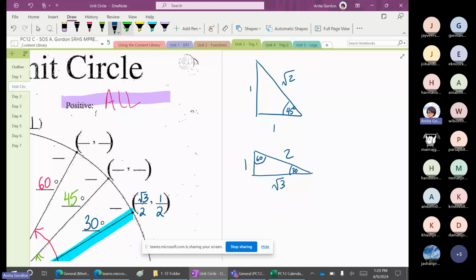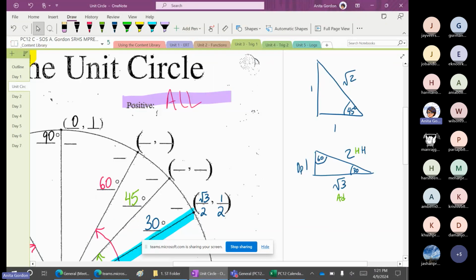The cosine is adjacent over hypotenuse, and the sine is opposite over hypotenuse. That's how I got those numbers, and we're going to do that for all of the angles all the way around. At least that's what I want you to think.